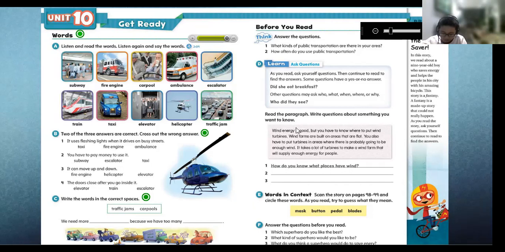Now here, read the paragraph. Write questions about something you want to know. For example, we have it here, question 1. How do you know what places have wind? So I want you to read the paragraph and then write your questions 2, 3.